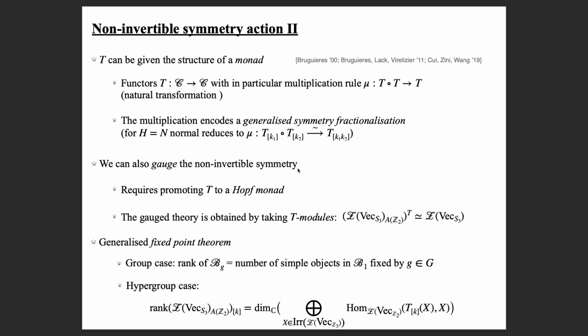So the generalization in the hypergroup case is that the number of simple objects that live in grade K are given by the objects S in the underlying topological order for which there is a map between the action of TK on X and S. Then you compute these Hom spaces, and the dimension is the rank of the K twisted sector.